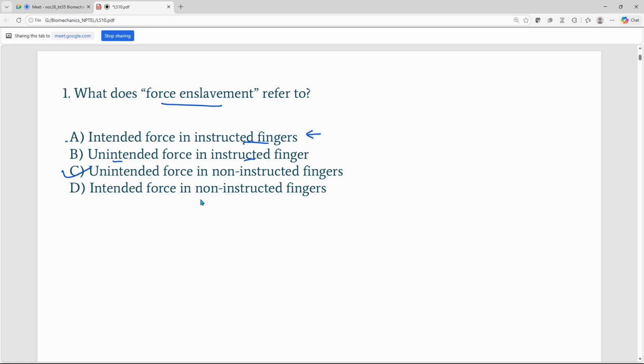This formulation itself is wrong. So our answer is option C, unintended force in non-instructed fingers. Unintended means unwanted or undesired force happening in some other fingers than the desired finger. That is what the word force enslavement refers to.